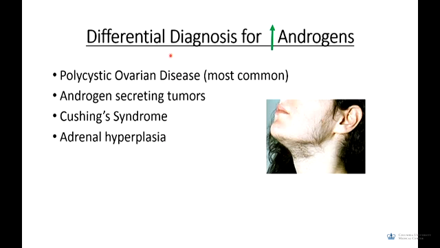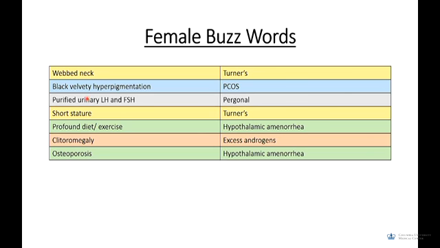You're going to have a higher level of LH to FSH, and that's basically going to not allow the woman to ovulate. I'll have a picture of that when we talk about assisted reproduction as well. Other things on your differential are androgen-secreting tumors, Cushing's, and adrenal hyperplasia. Female buzzwords to look out for in different problems.